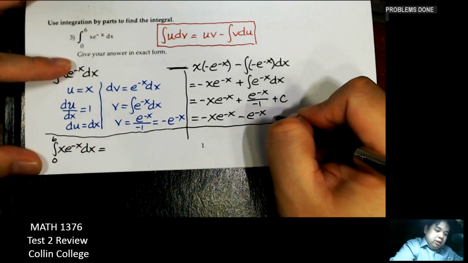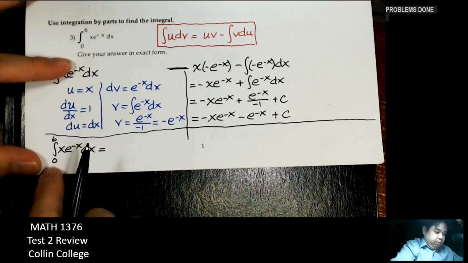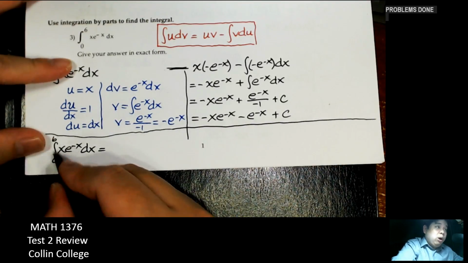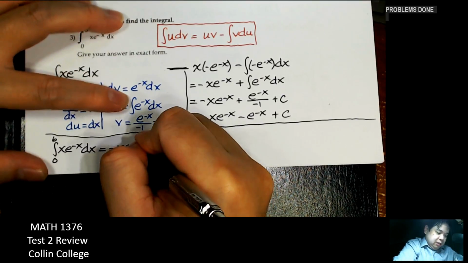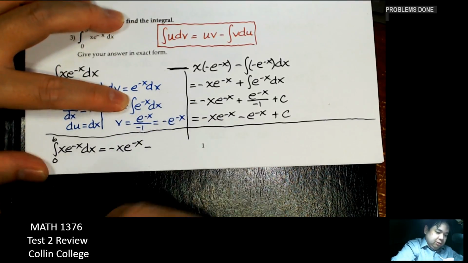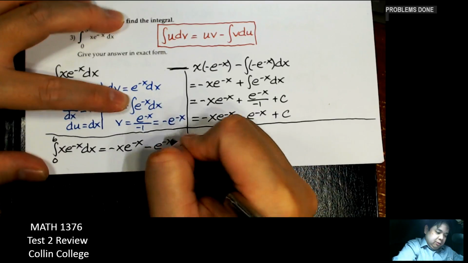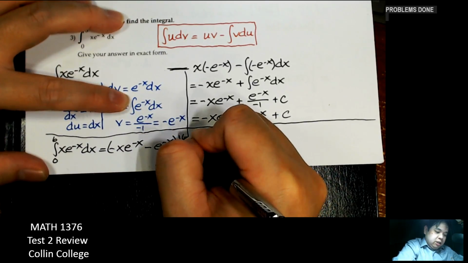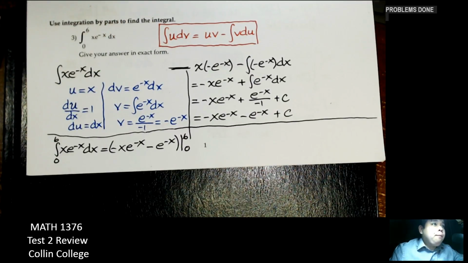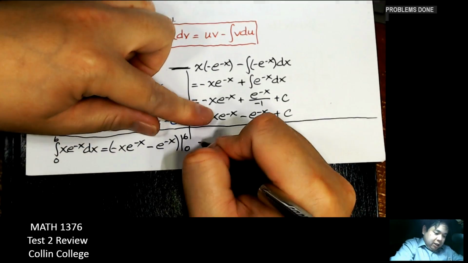So now we have that integral. We do not need the plus c here when we have the limits. That goes from 0 to 6. Right.